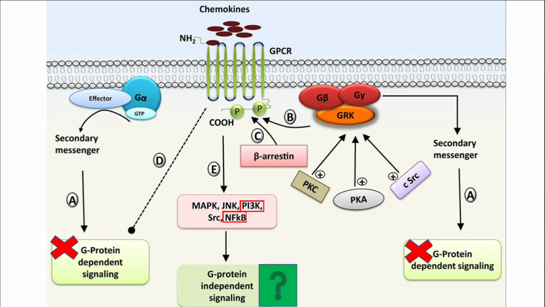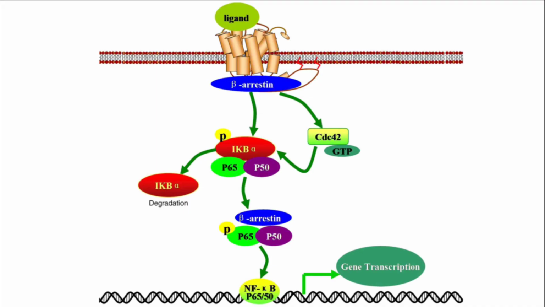Why do we have to understand these correlations? Because we have the idea that after the ligand binds to the receptor, it has the capability to recruit beta arrestin, and the recruitment of beta arrestin will specifically activate NF-kappa B.